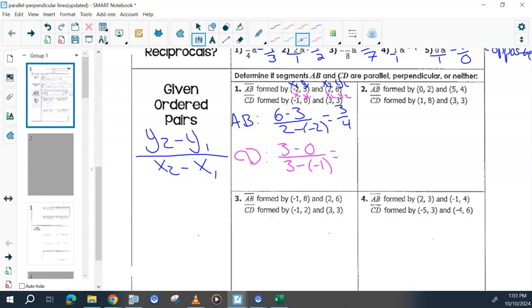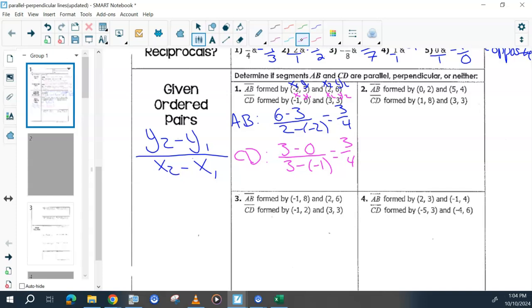What would that slope be? It's 3 over 4, not 3 over 2, because that would be a plus. The 3 minus a negative 1, the minus and negative come together and make a plus.